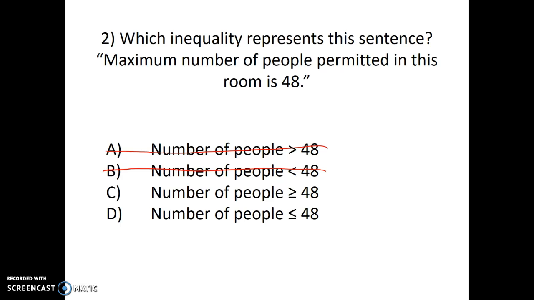Anything less than 48 is also acceptable. Therefore, in this case, I would write the inequality D. The number of people is less than or equal to 48. So any value I plug in for the number of people can be 48, 47, 46, 45, and so on.